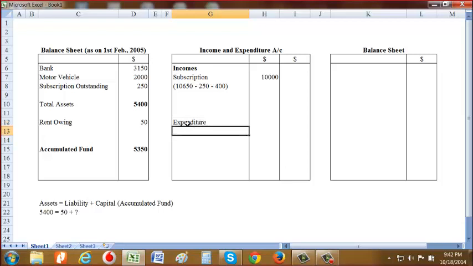In the expenditure, I will take loss on sale of motor vehicle. And how much? Motor vehicle of 2000 sold for 1750, so the loss is 250. Agree? So that I have considered under the expenditure.